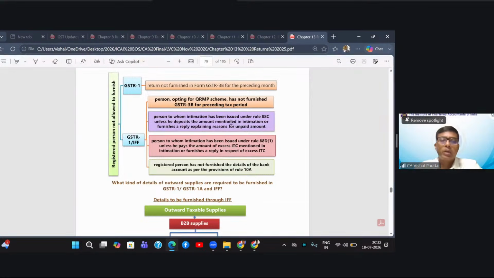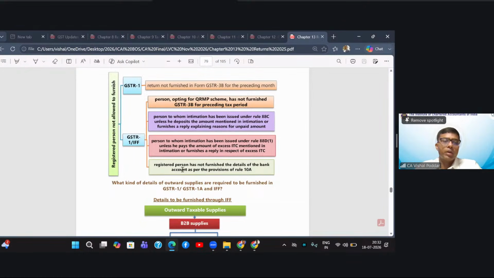So this is an inbuilt mechanism so that there is no tax pendency and no unnecessary excess claiming of 2B versus 3B. This is to keep taxpayers from entering into malpractices.